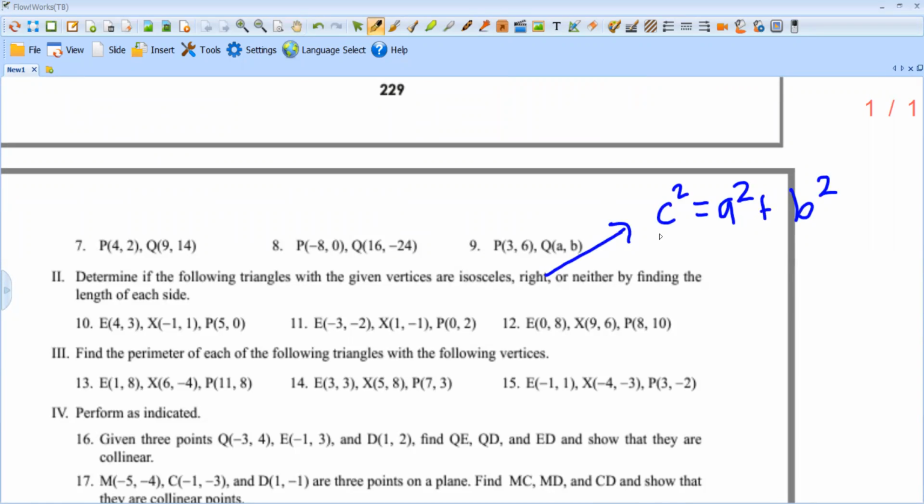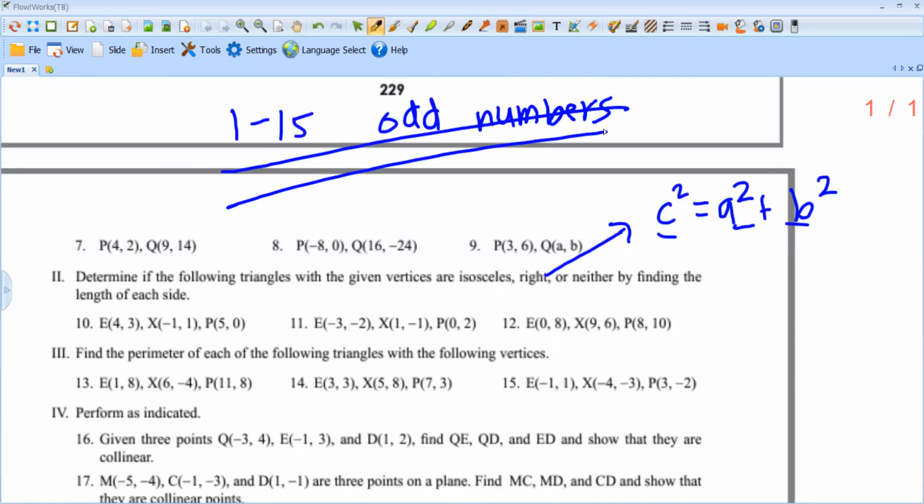Get all the sides and apply it here so that you can find out if it is a right triangle. So that is numbers 1 to 15, all odd numbers only. Clear?